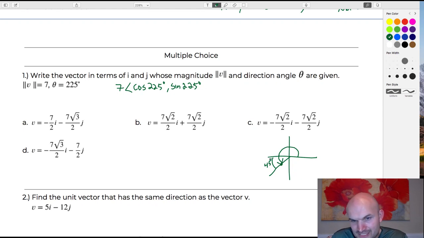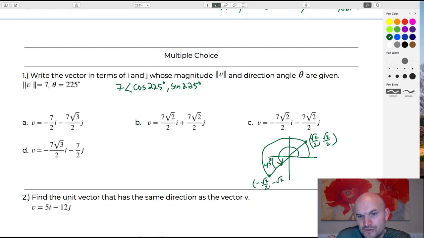Going off the unit circle, the point at 45 degrees is square root of 2 over 2, comma square root of 2 over 2. Since this angle has the same reference angle of 45 degrees but is in the third quadrant, it's going to be negative square root of 2 over 2, comma negative square root of 2 over 2. So I can easily knock out any answers that are not negative in both, which is B. So B is definitely not the answer.